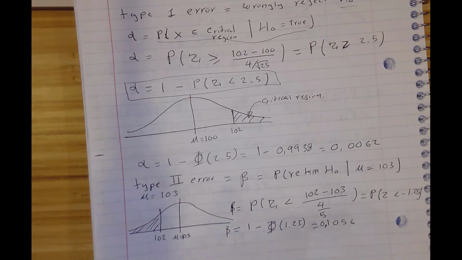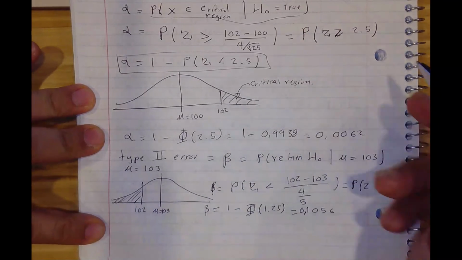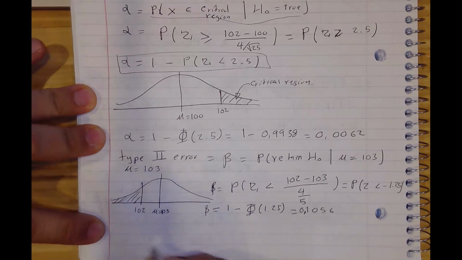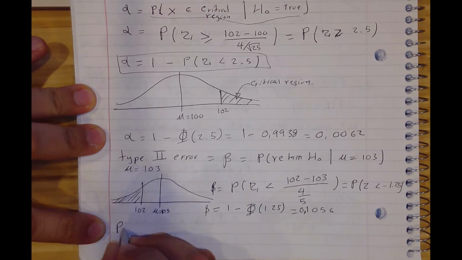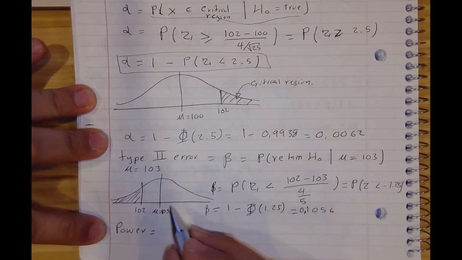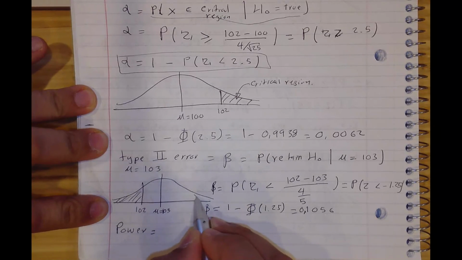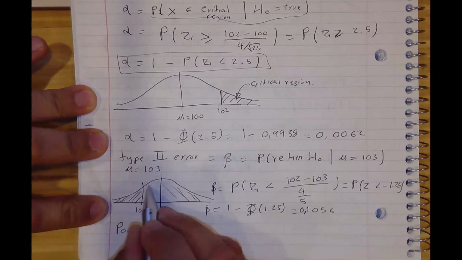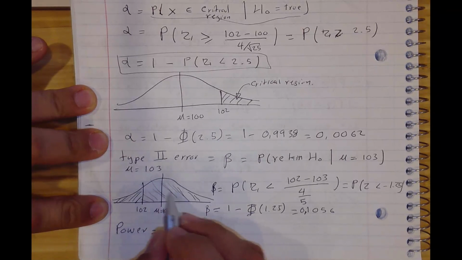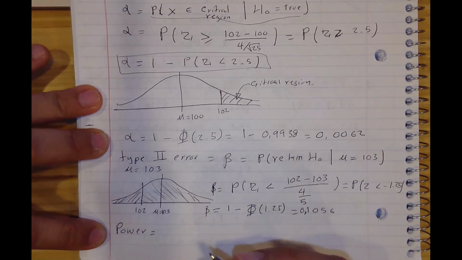Another topic that is important here, and super easy to understand from these two types of errors, is the power. The power is exactly the opposite of type 2 error, is all this region where we reject the null hypothesis and actually the alternative hypothesis is true.